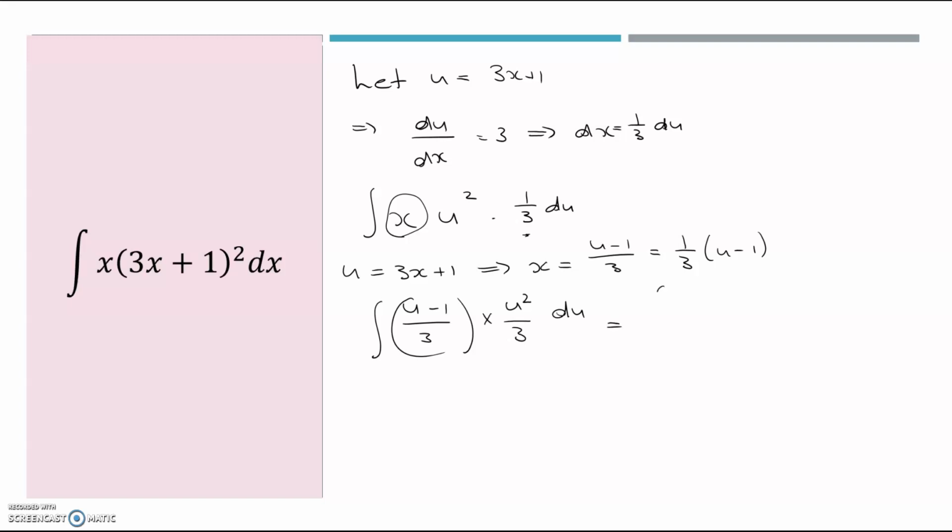So I'm just going to multiply out my brackets first. So u times u squared is u cubed over 9 minus u squared over also 9.